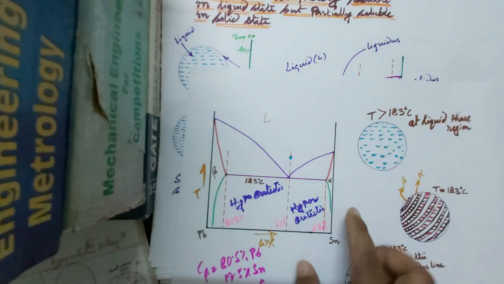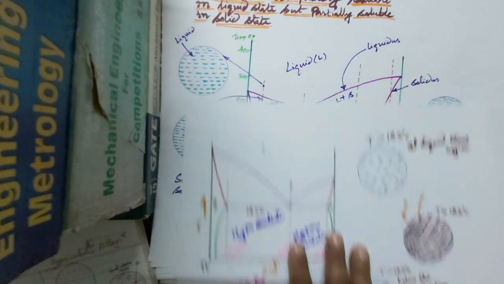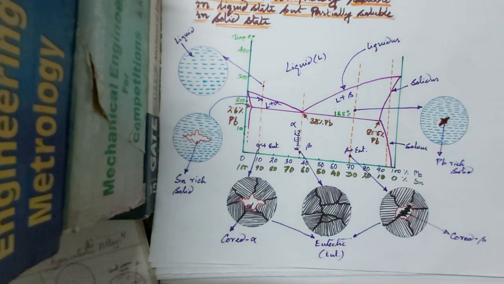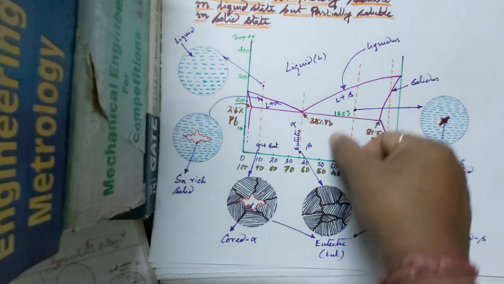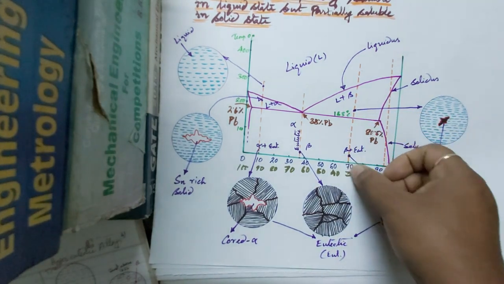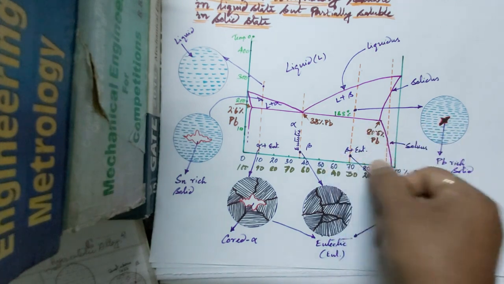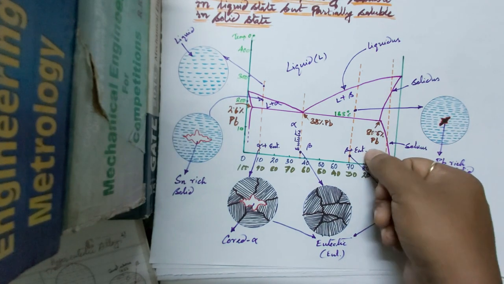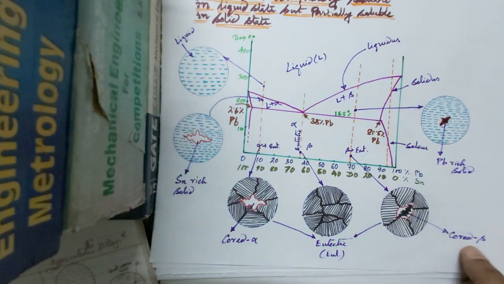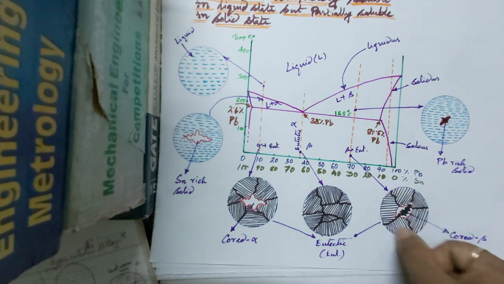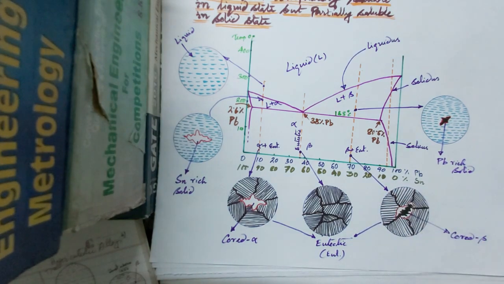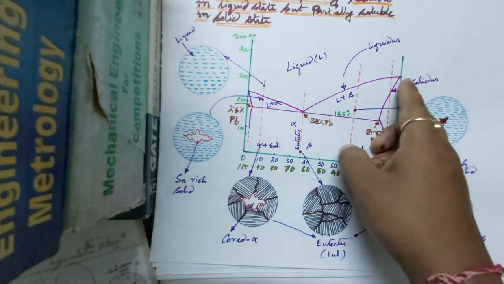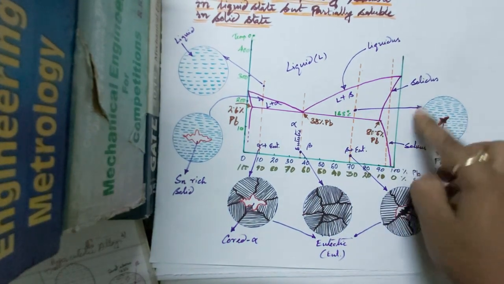That's why for this case alpha is on this side and beta is on this side, and here alpha is on this side and beta is on this side. So if we take the hypoeutectic region, in this region we have beta plus eutectic mixture. So this is beta core and the remaining is eutectic structure. And if you take between this tie line and below this liquidus line, it will look like this.